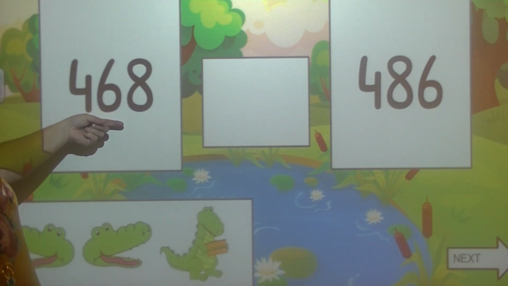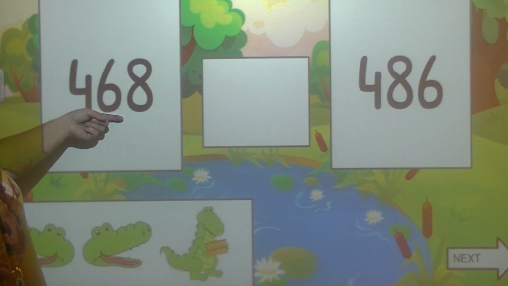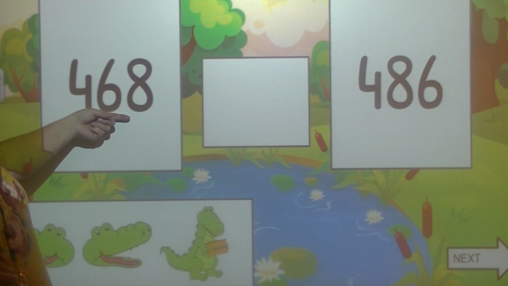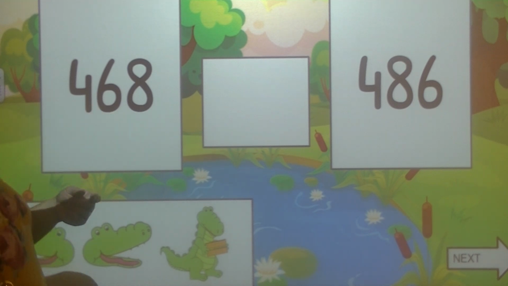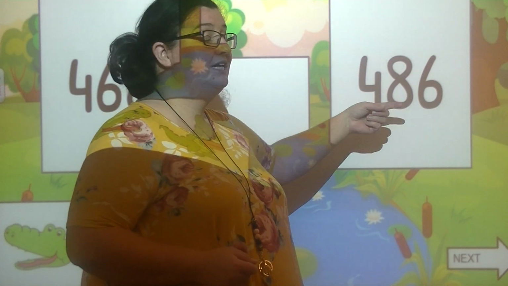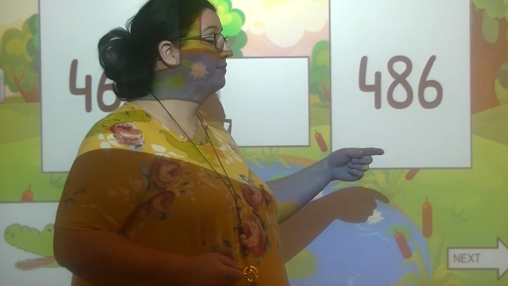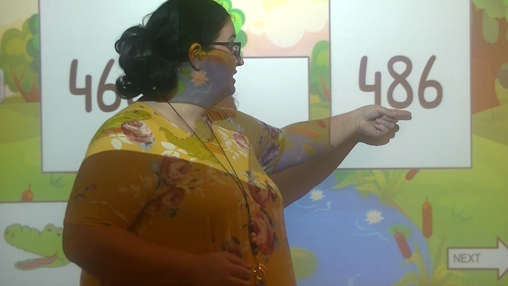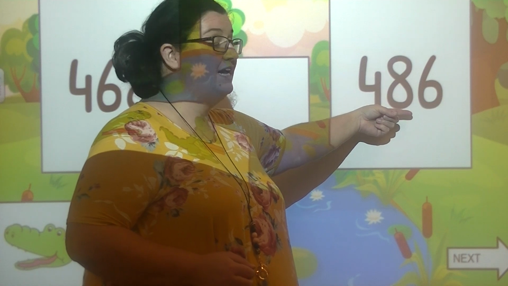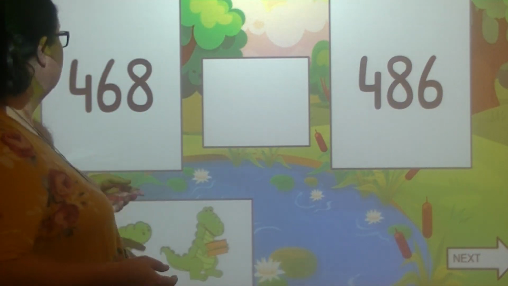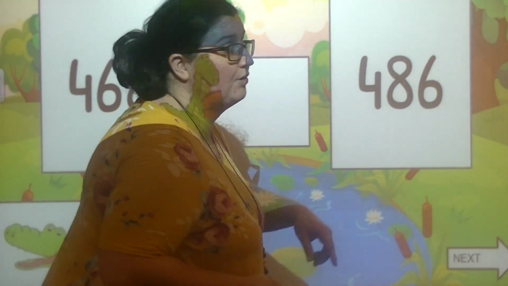We go to our tens. In 468, how many tens? 6. And in 486, we have how many? Yes, we have 8 tens. So they're different. Which is greater?